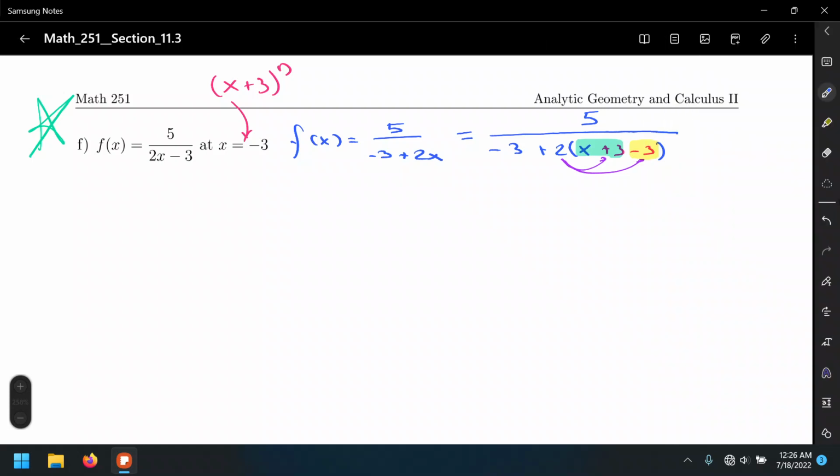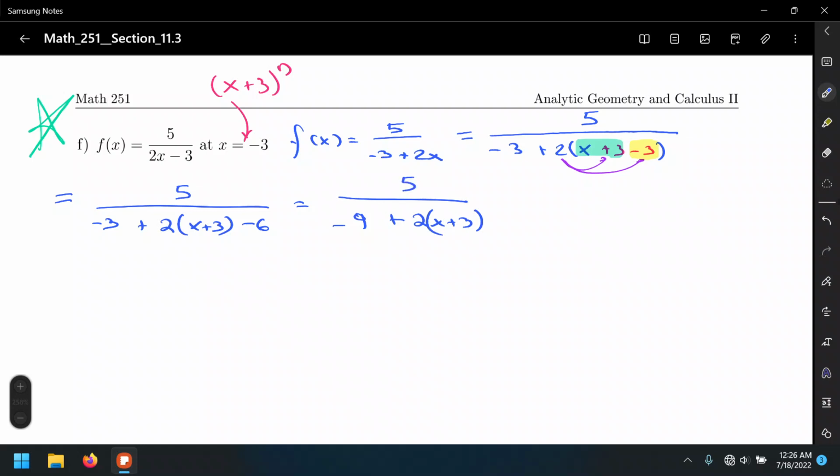So that's a negative 3 plus 2 times (x plus 3), 2 times negative 3, which is negative 6, all under 5, and then I'm going to have negative 3 minus 6, that's negative 9, plus 2 times (x plus 3). So now here is where it almost looks like 1 over 1 minus u.